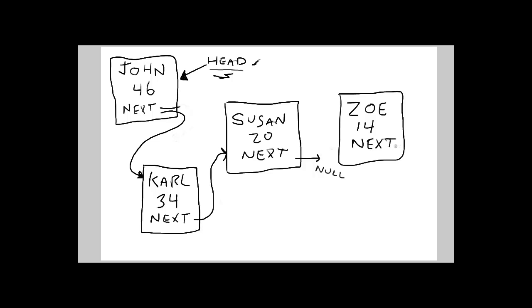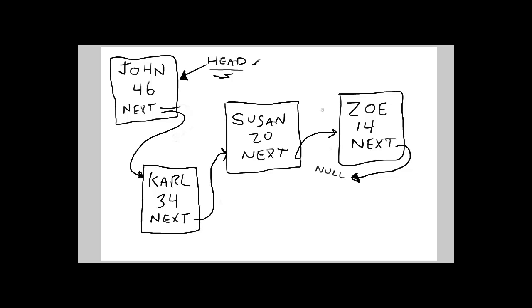So what you would do there is you say, her next pointer is now going to point to null because she's at the new end of the list. And then Susan's pointer, instead of pointing to null, is going to be reset to point to Zoe. And that's kind of the crux of how a linked list works.